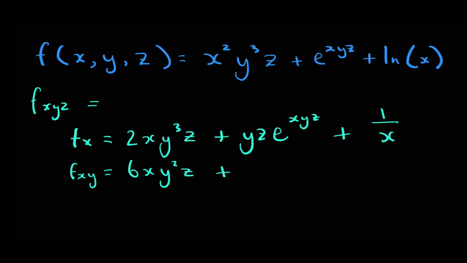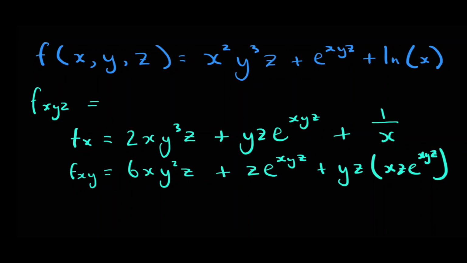So if you differentiate that with respect to y using the product rule, it's going to be z e to the power of xyz plus yz times xz e to the power of xyz. And next, the 1 over x is just going to become 0 because it doesn't have a y in it, so we can treat it as a constant.